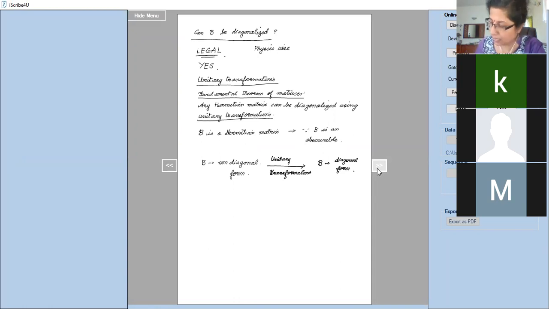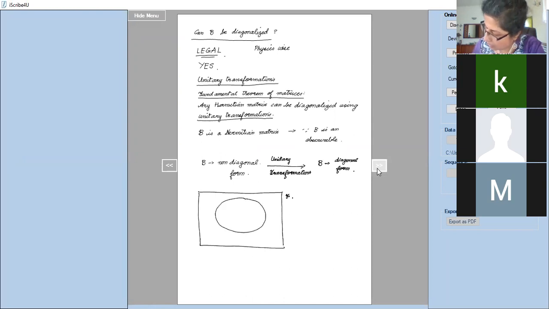So now let us look at the situation. You had your vector space. In that you had a subspace. What was the subspace made out of?